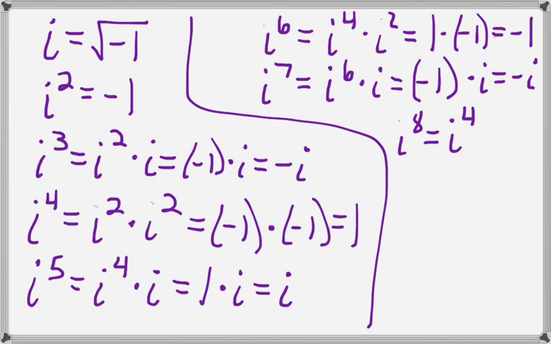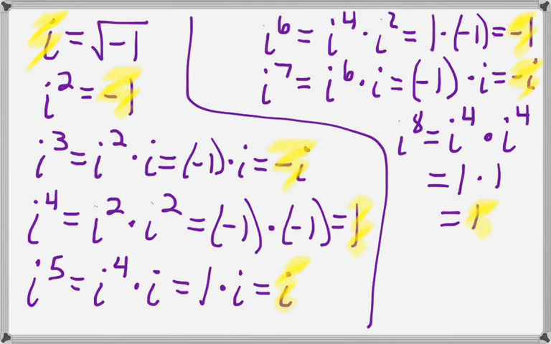That'd be i to the 4th times i to the 4th, which is 1 times 1, so 1. So we're seeing a pattern here: i, -1, -i, +1, i, -1, -i, +1. So that pattern keeps repeating. If you raise i to any power, it will be equal to one of those 4 numbers every single time.